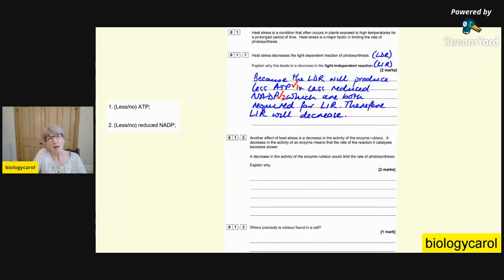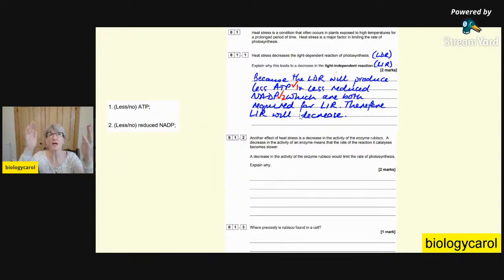So, and I'll try and do a synopsis of the question as well, Munib and others. So, another effect is that Rubisco, which you should know what enzyme that is, the activity of the enzyme is decreased. And we are asked to explain why a decrease in this enzyme would limit the rate of photosynthesis.